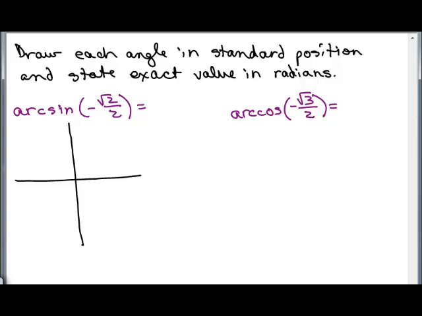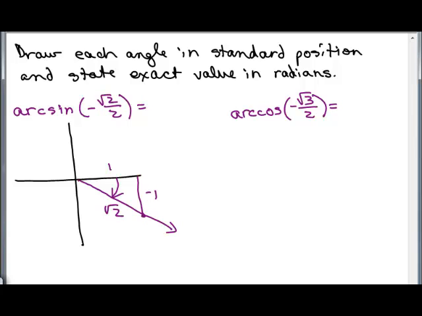So since it's negative, it's going to be in quadrant 4. That's where the terminal side of the angle is, right? But you have to show that it's going in this direction. Now if you want to show what the sides might be, the x and y values, you could write this as 1, negative 1, square root of 2.